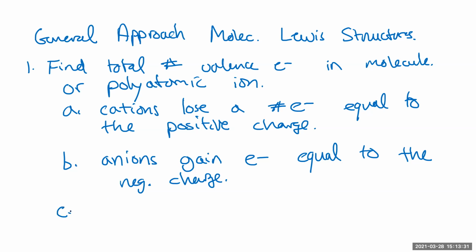Finally, of course, recall that compounds, by definition, are neutral. And so for compounds, unlike the ions that we just mentioned, you do not add an additional number of electrons. Compounds contain the number of electrons equal to the number of electrons found total of all the atoms present. Okay.